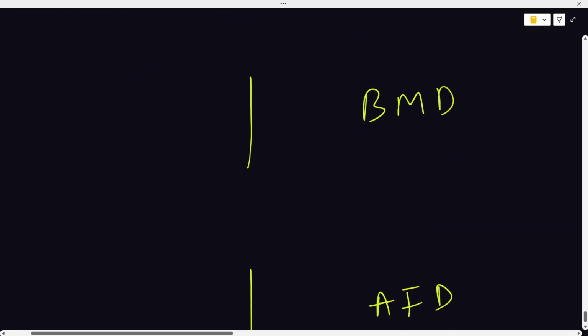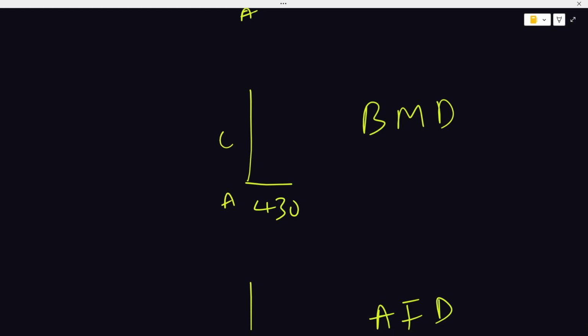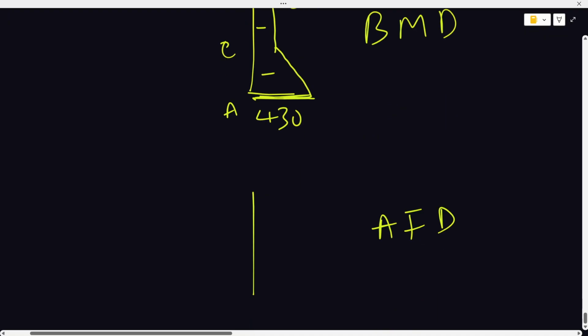Similarly, bending moment is 430 at A, then at E it moves to 180. So this is still 430 and 180 also, minus, for the BMD. And the axial force is 24, constant.